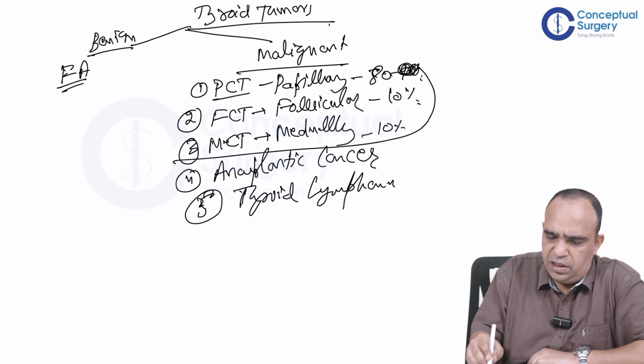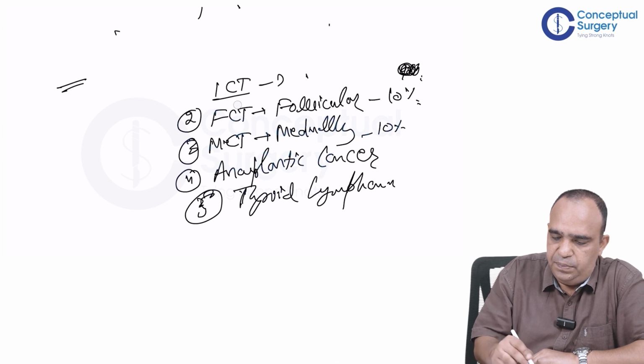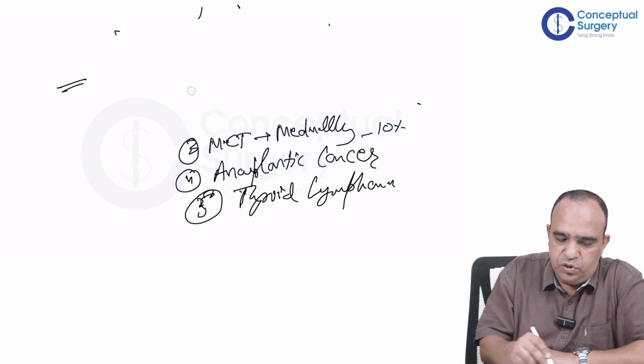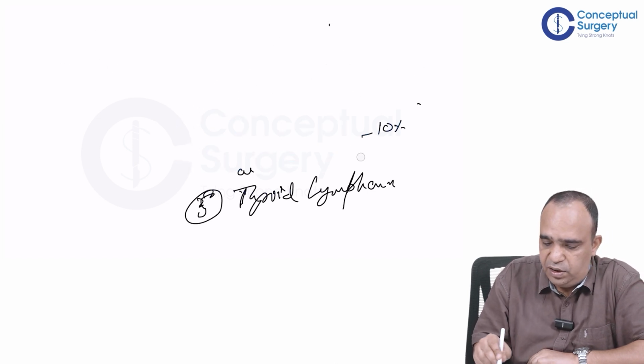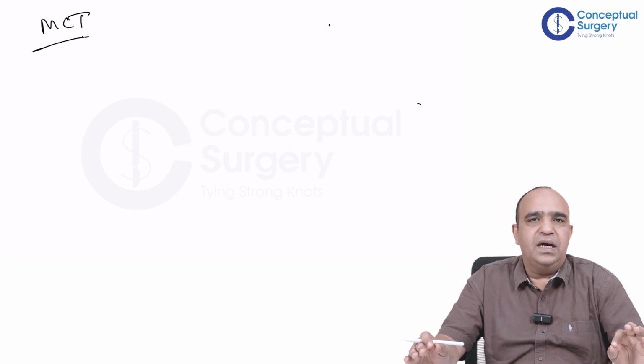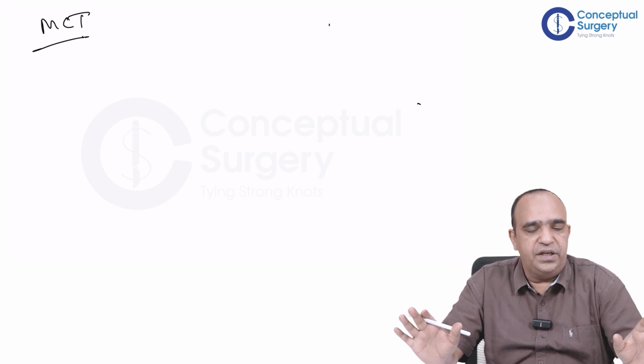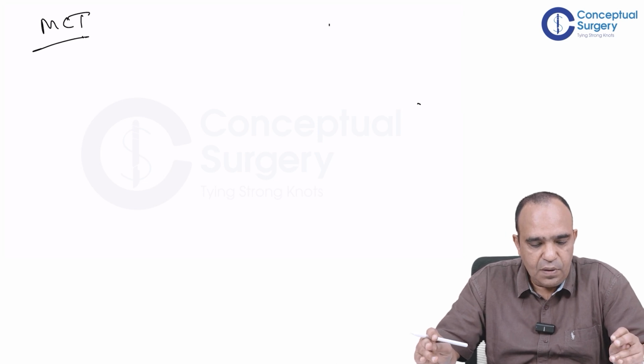The first three are the most important, so we'll discuss them. We'll have questions on papillary and follicular later on, but in this one we'll focus on medullary carcinoma thyroid. Papillary is the most common thyroid tumor. I told you 80 to 90%.